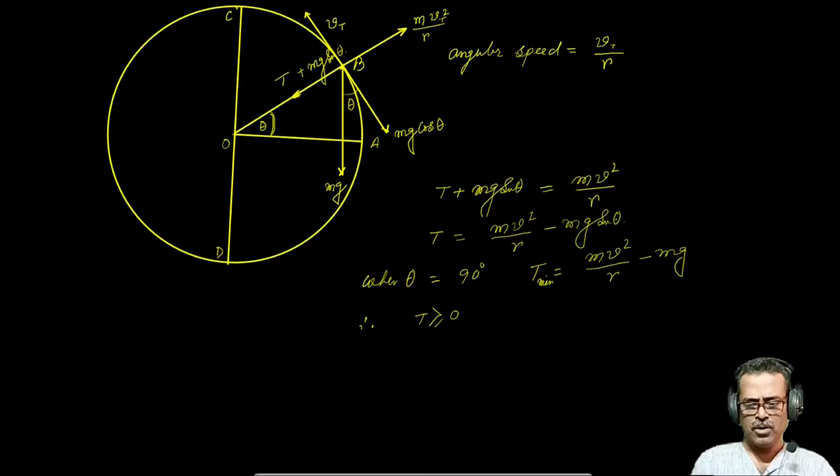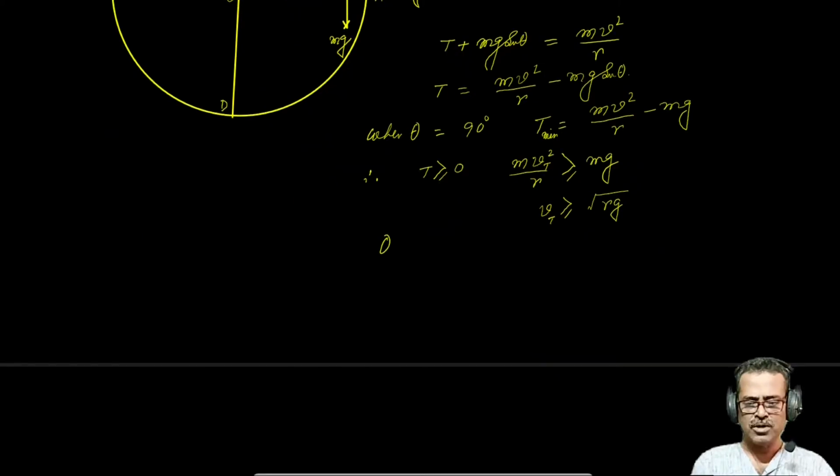So, we can say that v square by r should be greater than or equal to g. So, v is greater than or equal to root over rg. So this is the minimum tangential velocity that should be maintained to complete the circular path. This is a very important relation.